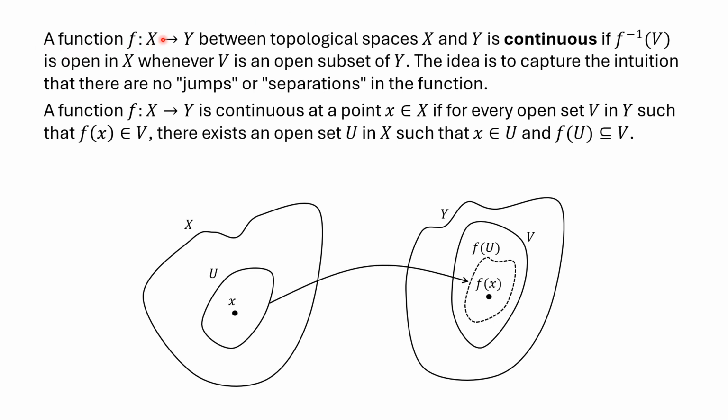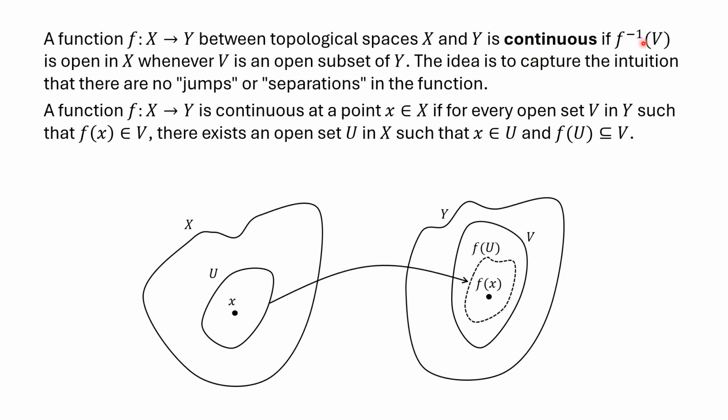A function f from a topological space X to a topological space Y is continuous if the inverse mapping f inverse of V is open in X whenever V is open in Y. The idea is to capture the intuition that there are no jumps or separations in the function.